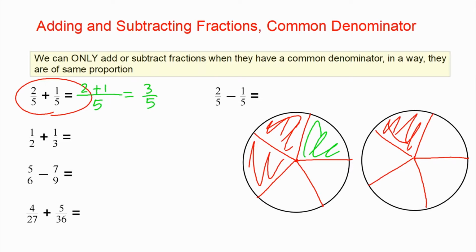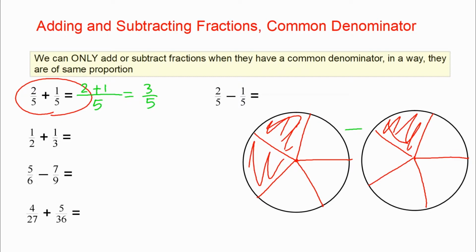So if I clear this section now and look at the second example. The second example is 2 over 5 minus 1 over 5. So we are saying that this is minus the 1 over 5. If you want to minus, it means that we need to take one part off.